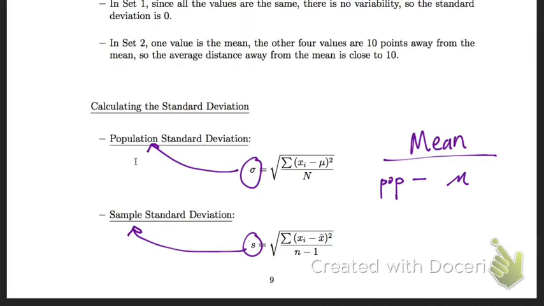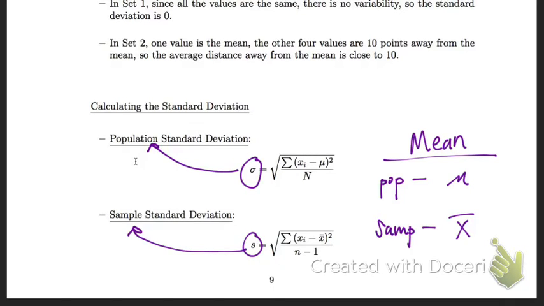The mu. What was the sample mean? X bar. Good. So sample always has the English alphabet, and population has the Greek. So just keeping up with the notation. Population standard deviation is going to be sigma, which is a lowercase s, kind of looks like an o, and then sample is going to be s.